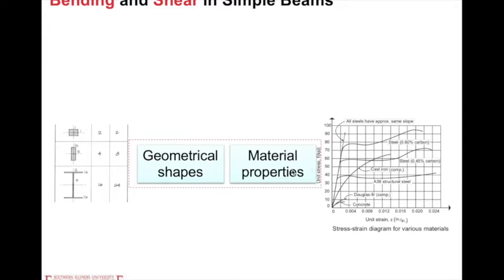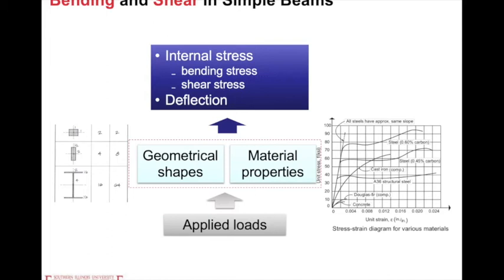The parameter, for example, is Young's modulus, which is the linear slope in the elastic region. By comparing these two, when we apply loads, we can determine the internal stress as well as the deflection of each individual cross-section area.